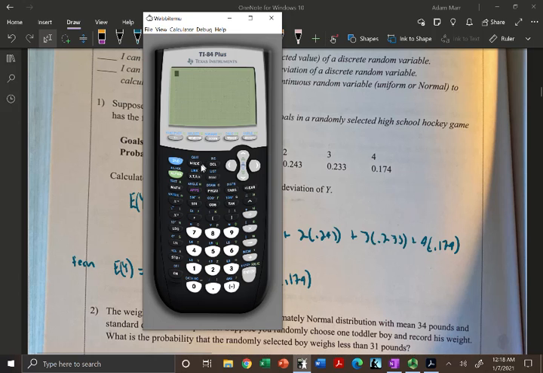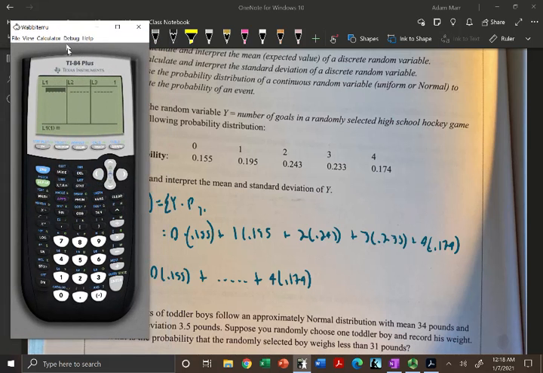All right, so let's see here. We're going to go to Stats, Edit. Let's get rid of everything on here. Remember, clear, enter. Go up here, clear, enter. All right, cool. Let's enter all this stuff in. So we have 0 to 4 right here.